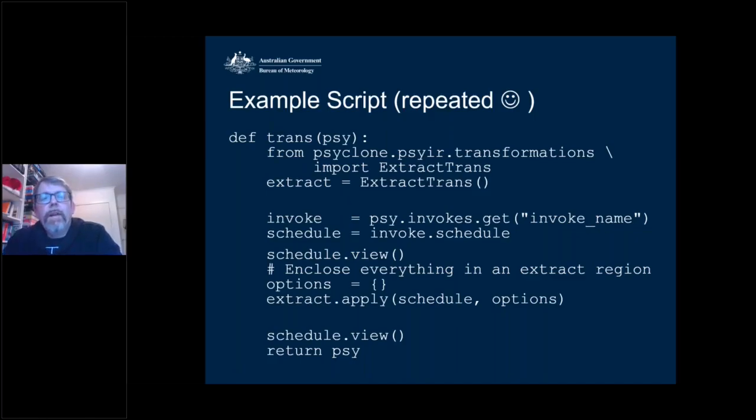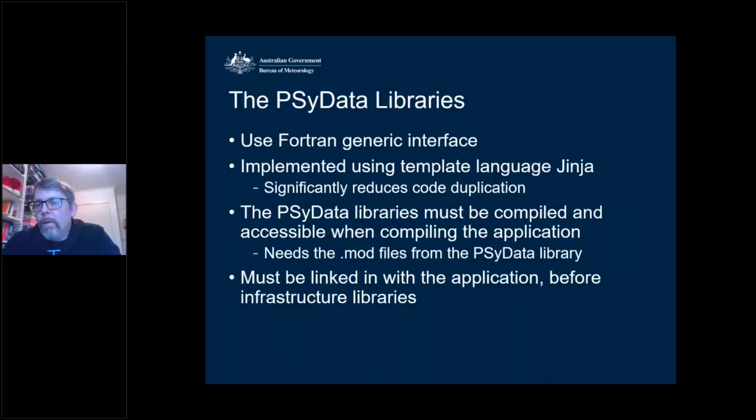Now in general, the PSyData libraries use a Fortran generic interface. You have seen there's no specification if a variable is an integer or a 4-dimensional double precision field. So you have a generic interface, and the Fortran compiler is responsible for calling the right interface. Now we're using the template language Jinja to significantly reduce code duplication.